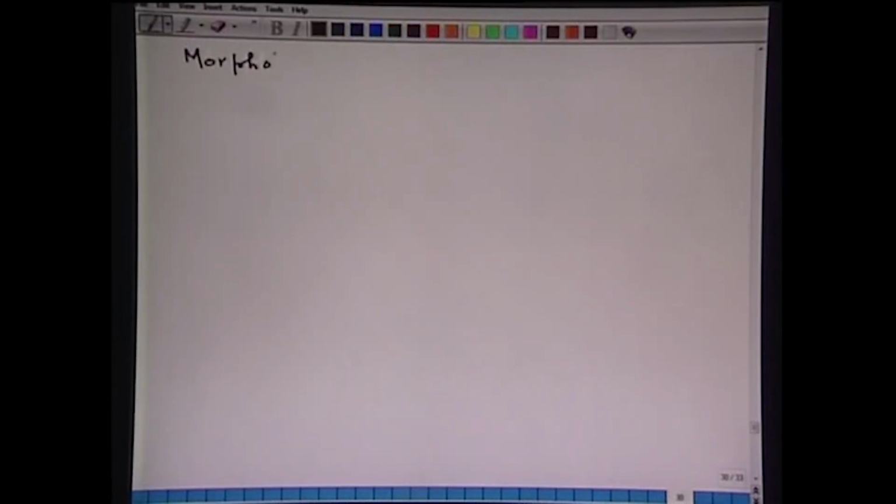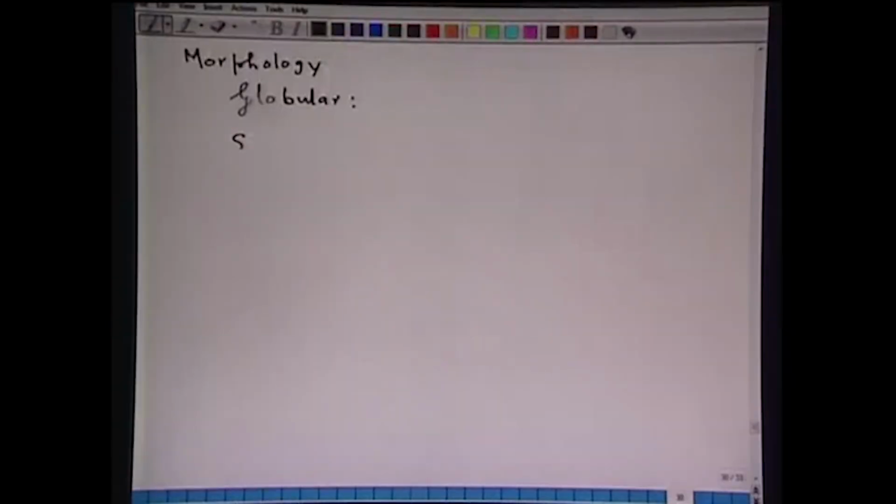About the morphology, there could be different shapes. Say one of the shapes for example is a globular shape. Now globular shape is a preferred shape, it does not have a bad influence on the properties of steel. Another is a spherical shape inclusion, that forms in a liquid state at low contents of aluminum.